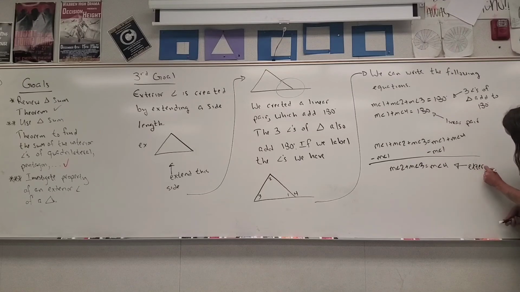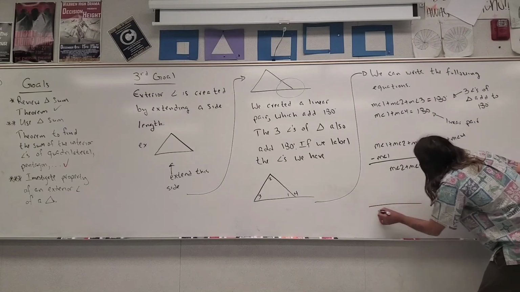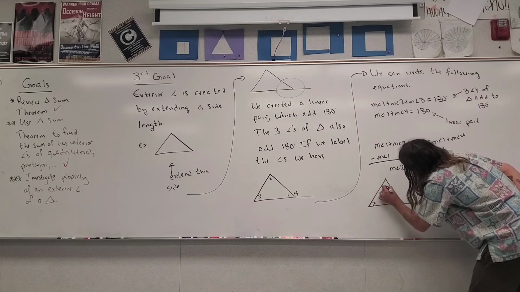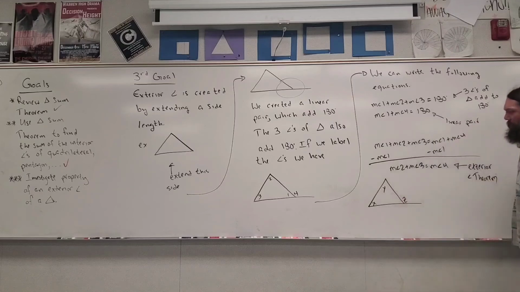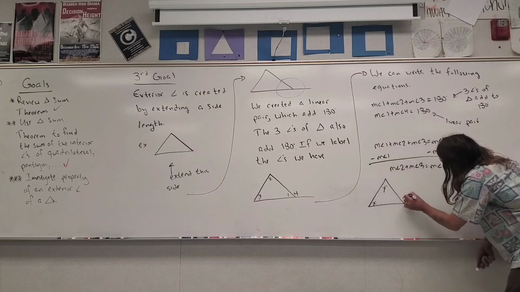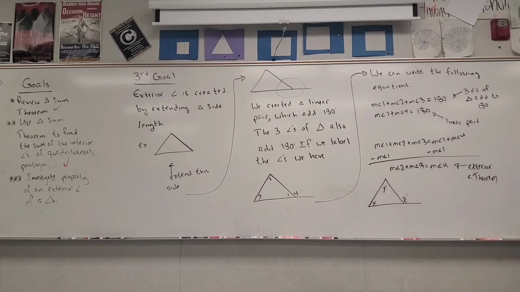Exterior Angle Theorem. Okay, so basically, if I have an X and a Y and a Z, I know that the measure of X degrees plus the measure of Y degrees equals the measure of Z degrees.